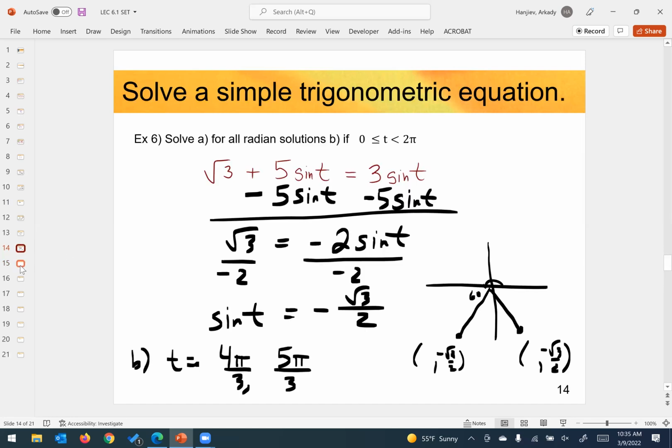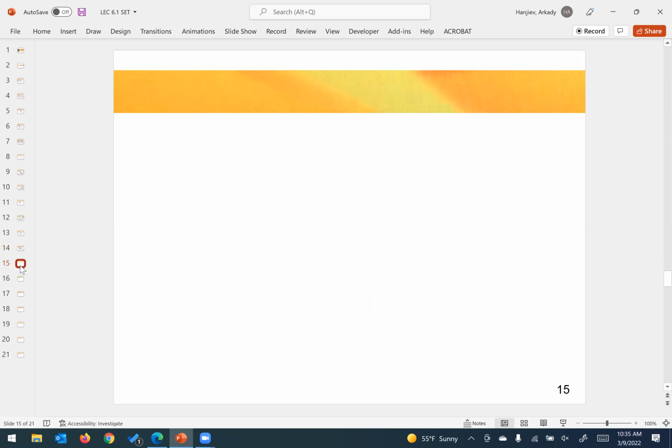Okay, part B, let's see, they're not connected to each other. They're not separated by half a circle here. So I got t is equal to 4 pi over 3 plus, I don't know. Say again? 5 pi over 3.